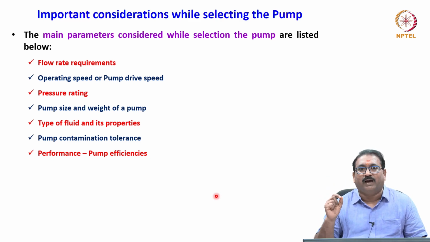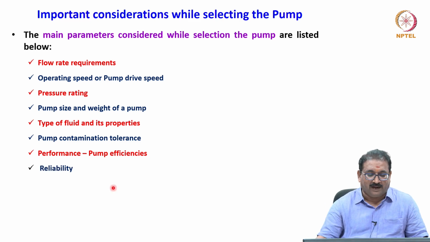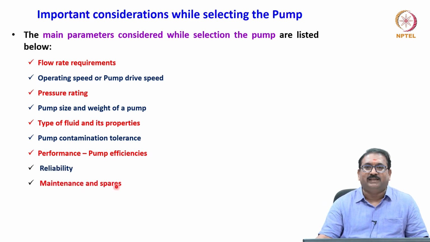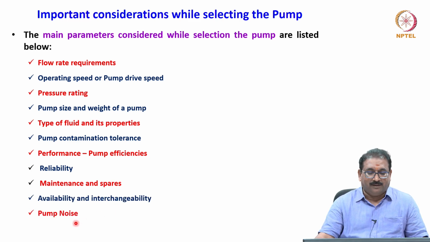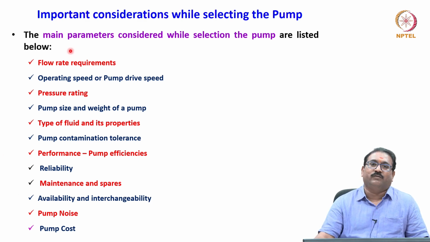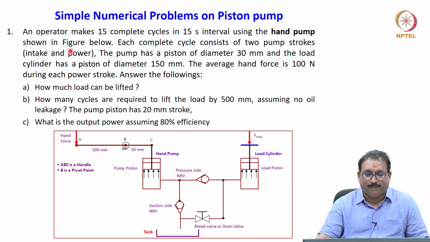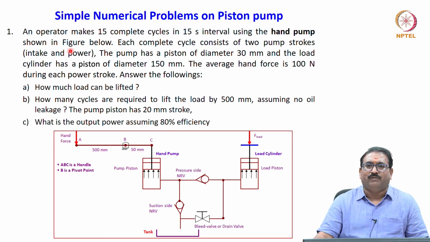They are given when you buy the pumps. Reliability, maintenance and spare parts available in the market, availability and interchangeability, pump noise, pump cost. These are some of the parameters you have to consider while selecting the pump for your applications. Now quickly we will see some problems on the piston pumps.